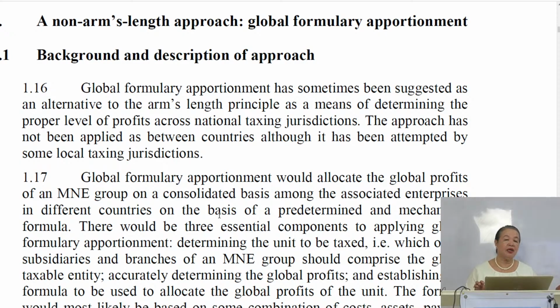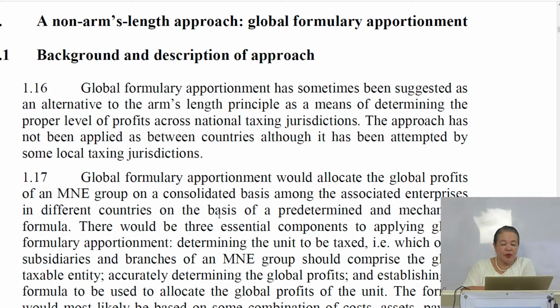Sa America, 20% ka. Sa Europe, 30% ka. It's pre-agreed. So, it's easy for the local taxing authority, but difficult to apply, or it's not practical to apply considering the facts and circumstances and the contributions of the entity on the whole business.